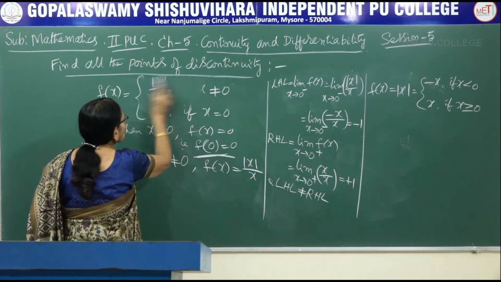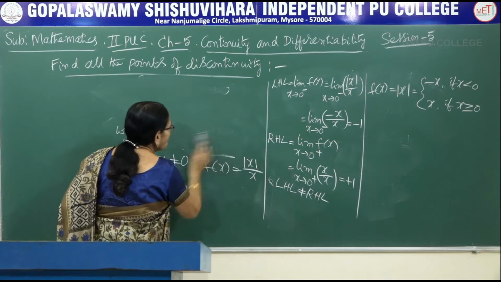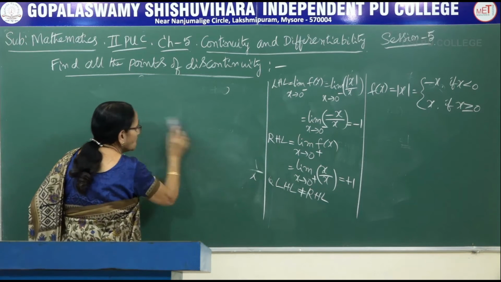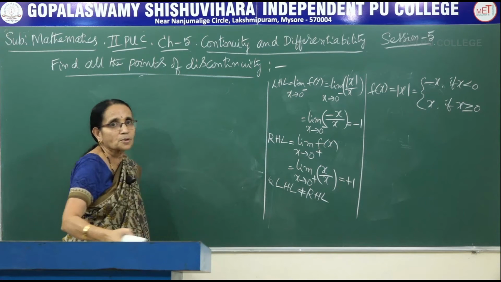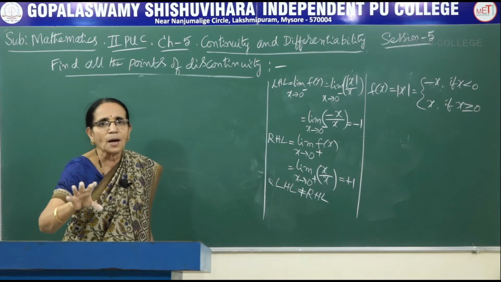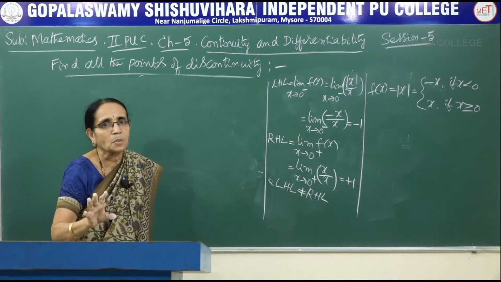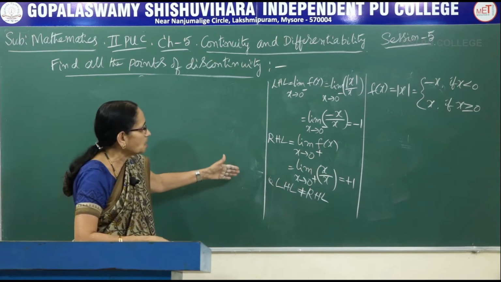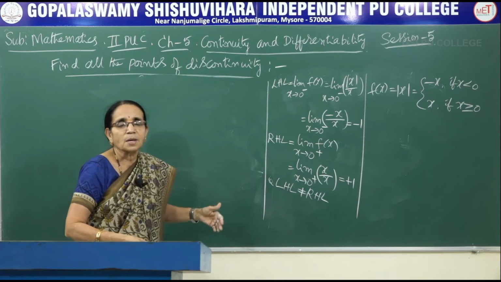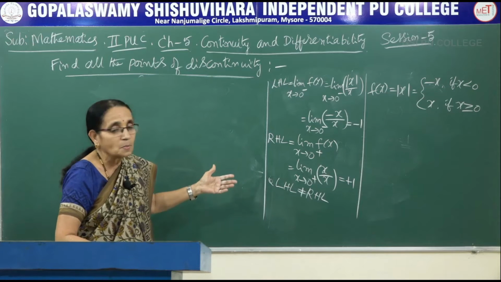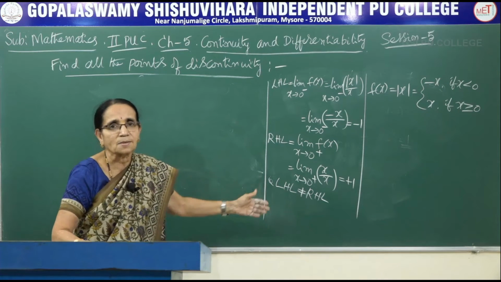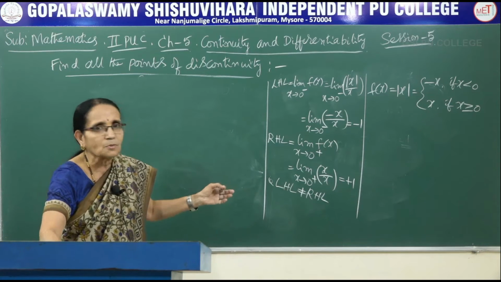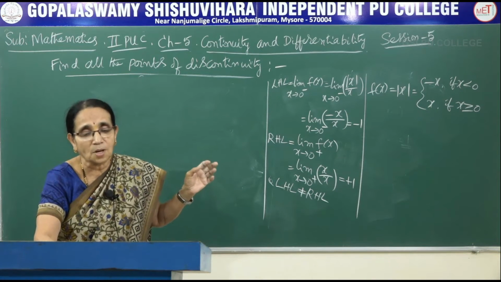When x is not equal to 0, the limit does not exist at all. Here, when x is not equal to 0, I am not saying whether it is positive or negative. For any value which is not equal to 0, that is the meaning of this one. When x equal to 0, it is 0. When x is not equal to 0, the limit itself doesn't exist at all. So you have to write the sentence like this, that the limit of the function doesn't exist at all.